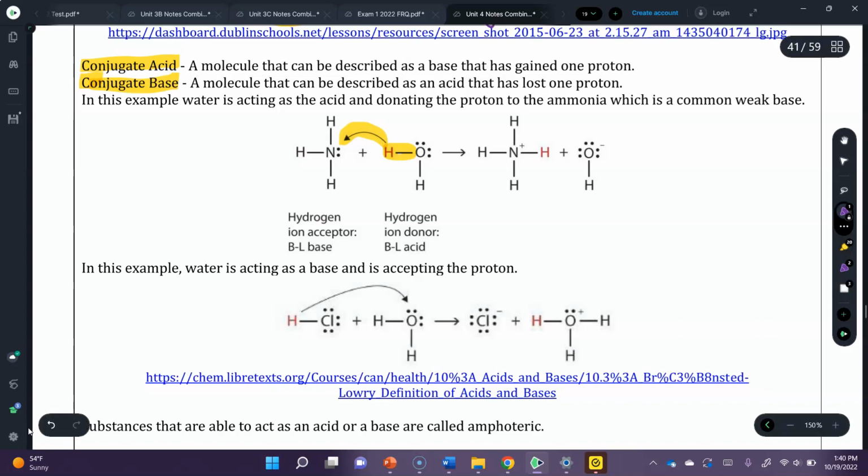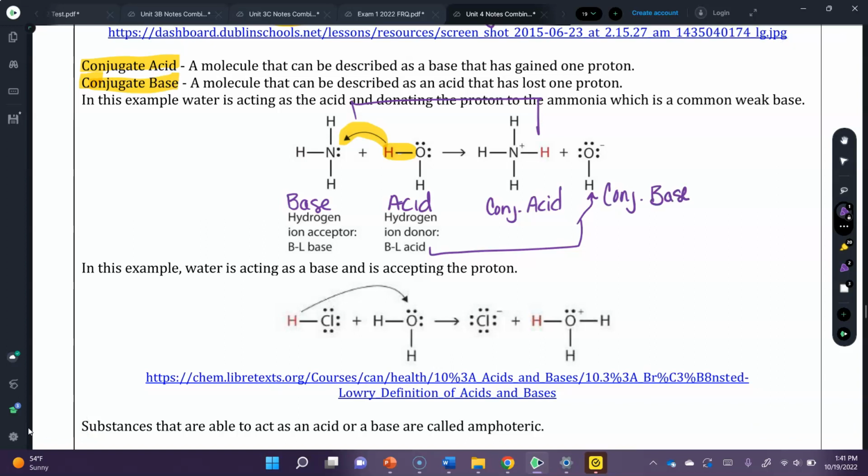So that means that this is our base, this is our acid. That means that the ammonium, the NH4 ion, is the conjugate acid, because this is our conjugate acid-base pair here. And then water and hydroxide, this is our conjugate base.